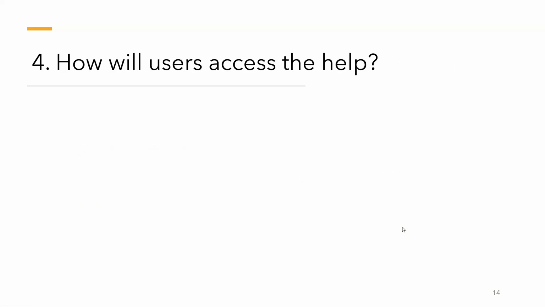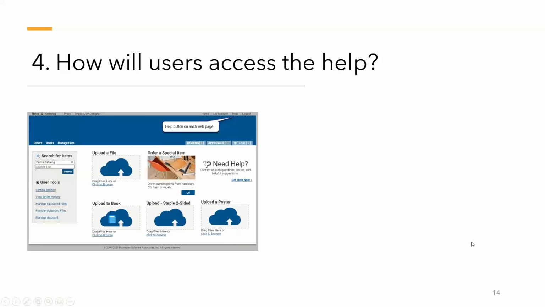Okay, question 4, we're getting through the list here. You'll need to know how users are going to access the help. As you'll see later in the demo, WebCD users have page-based context-sensitive help that they access by clicking a help button on each web page.